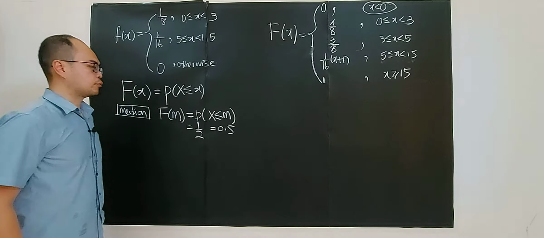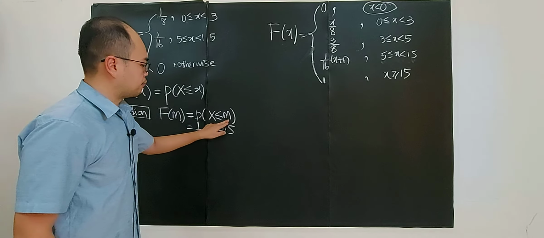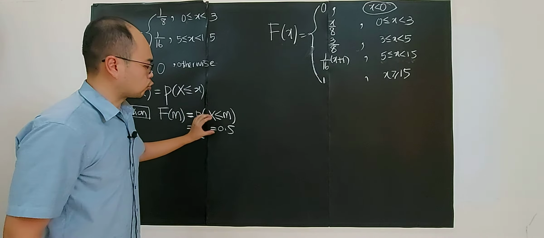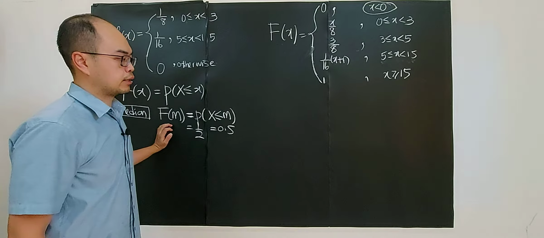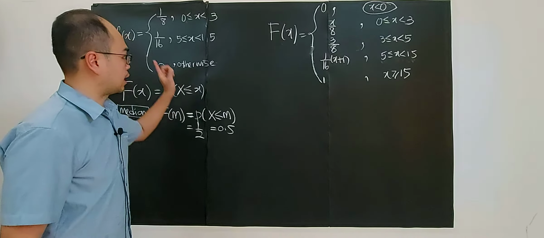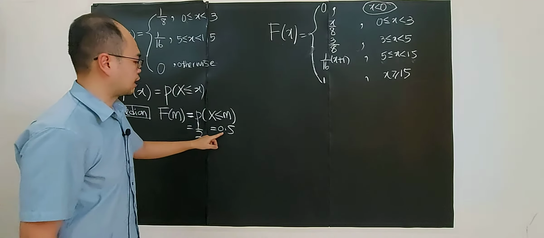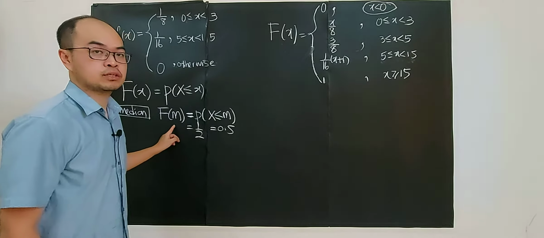It means we want to know the value of m where the probability has already totaled up to 0.5, which is half of the total probability, because everything must total 1. So half of it is 0.5, the middle value. The m here refers to the middle value.